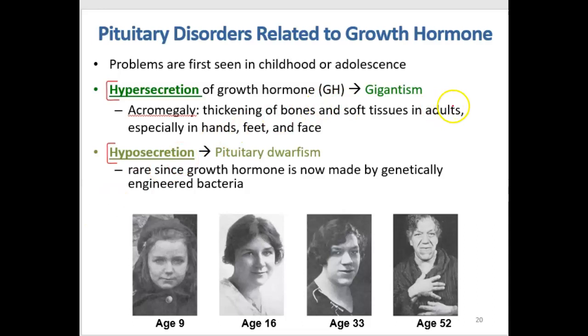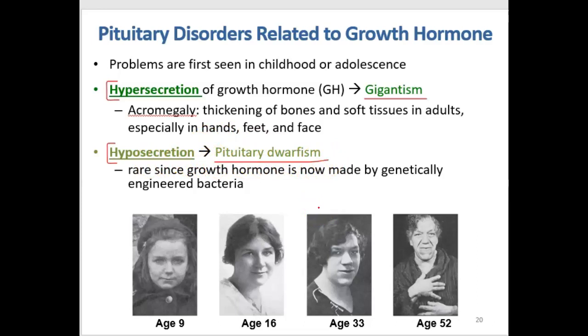So what you can see ultimately in adults, if these disorders persist, is with hypersecretion you see gigantism. And even though that's kind of a strange or disturbing word to use, their adult height is extremely tall, like 8 feet or more. And in hyposecretion you would see dwarfism.